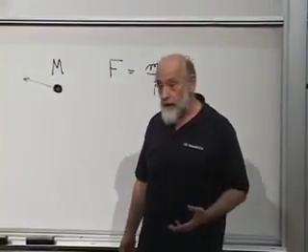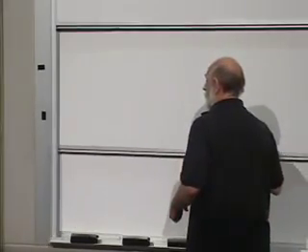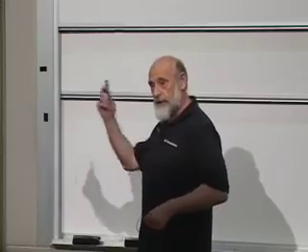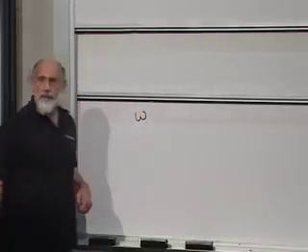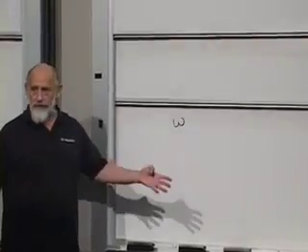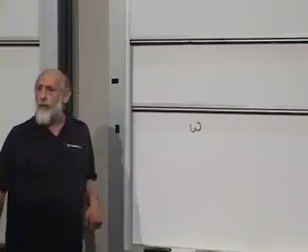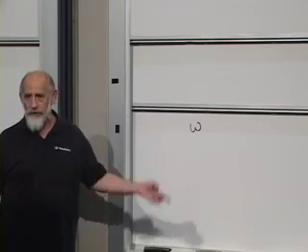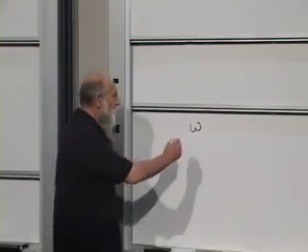Let's do it. If I know the angular frequency of going around in an orbit, that's called omega, and it's basically just the inverse period, the number of cycles per second. What is the acceleration of a thing moving in a circular orbit? Anybody remember? Omega squared r.